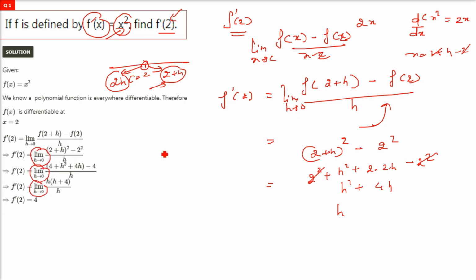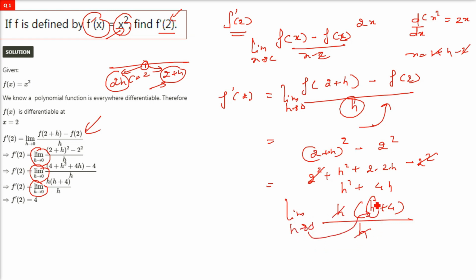I'm not writing it just to keep the effort low, because the main idea is for you to understand the logic or reasoning. The denominator was already there h, so you can cancel this h and h, numerator, denominator. And h tends to 0, so this is going to be 0, you get 4. So f dash 2 is 4. That's the answer.